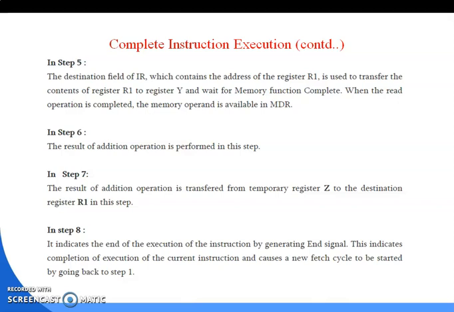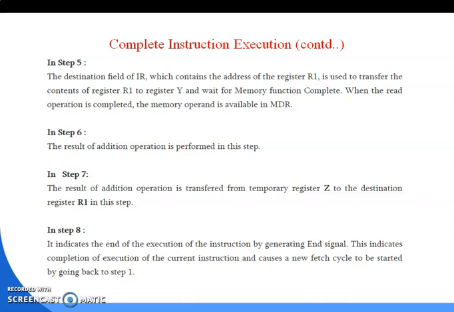When the read operation is completed, the memory operand is available in MDR. In step 6, the addition operation is performed, and in step 7, the result of the addition is transferred from temporary register Z to the destination register R1.